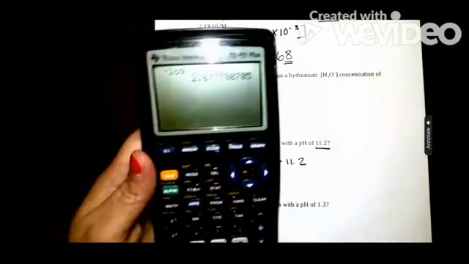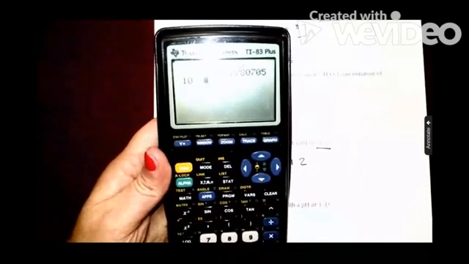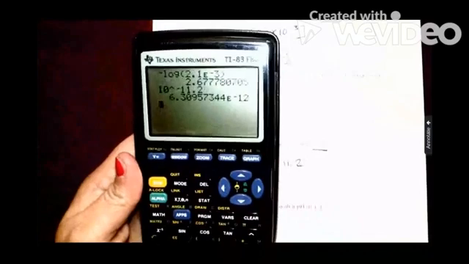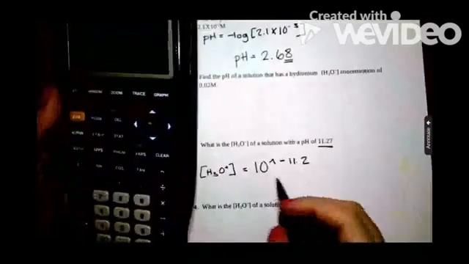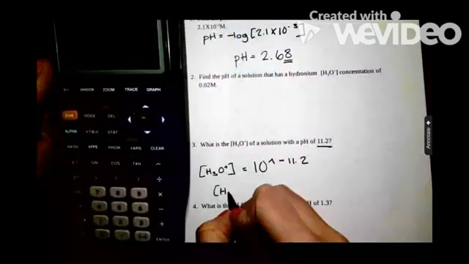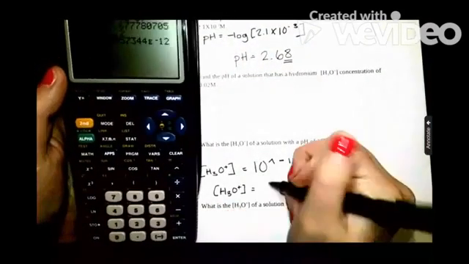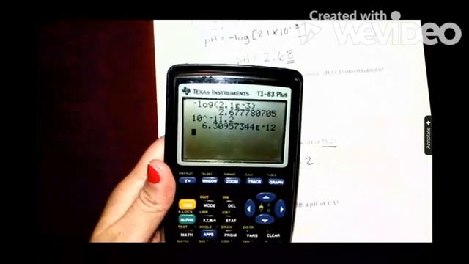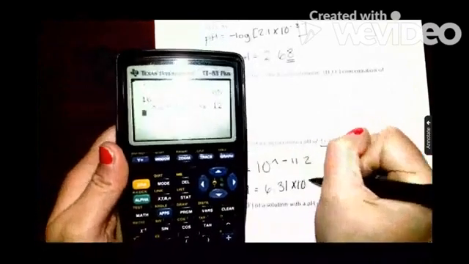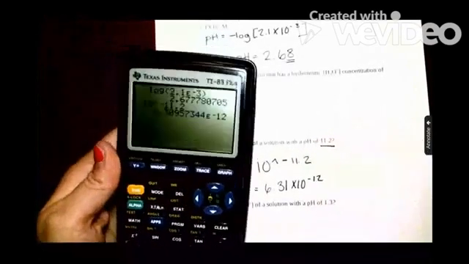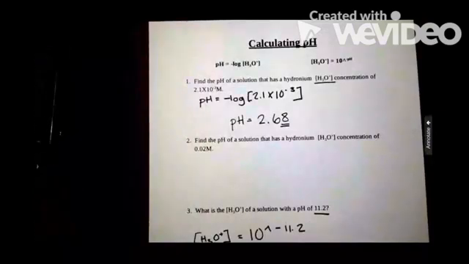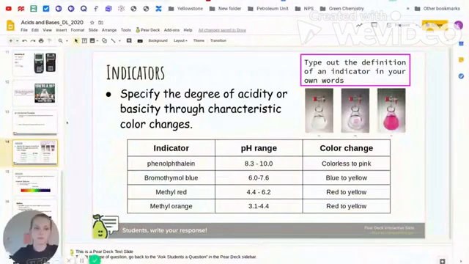On my calculator, I'm going to put in 10, use that little caret key, raise it to negative 11.2, and then I'll get a concentration of 6.31. Remember E, you can leave it E or you can do times 10. And this does have a unit, a molarity. That's how you solve for pH and the hydronium concentration.